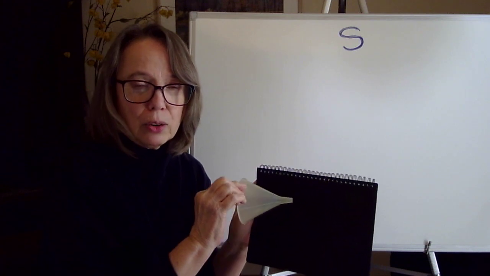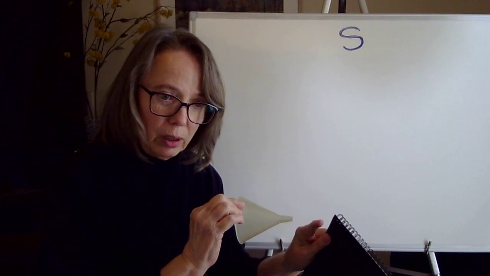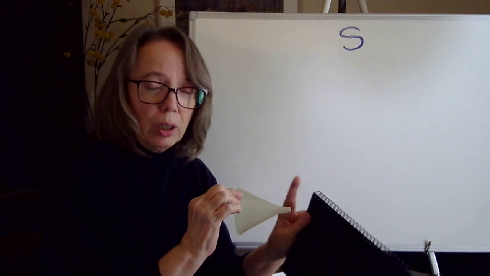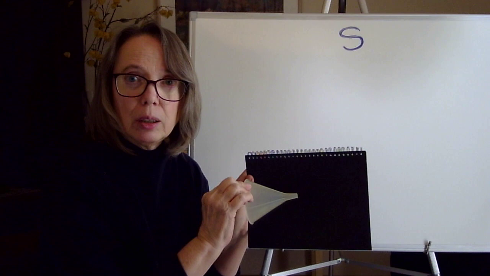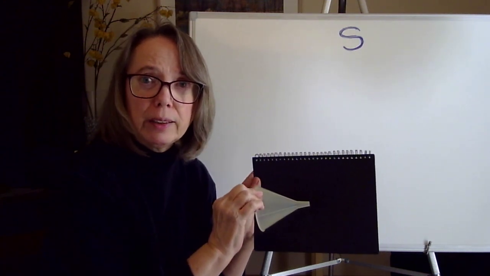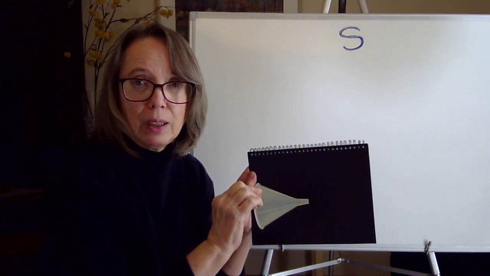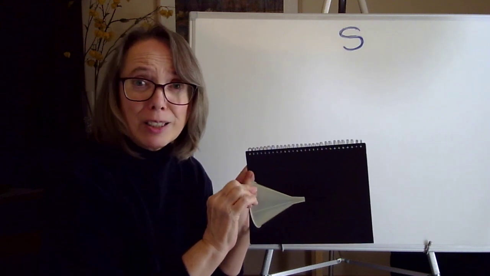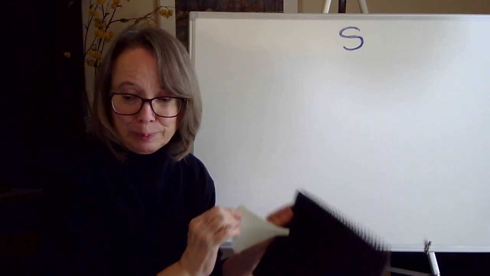So there's going to be a very small space. There's going to be a very small pipe or flow of air coming out in a big, big, strong burst of air, jet of air. And it's going to hit a tooth, which is a solid object. That's why S is one of the maximum noise-making sounds in English.